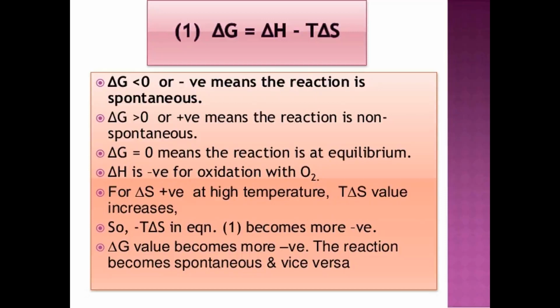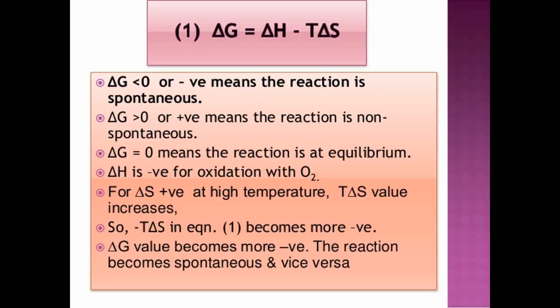So the del G value becomes more negative, and the reaction becomes spontaneous. Do you understand? Minus T del S becomes negative, hence the del G value becomes negative. If it becomes negative, the reaction becomes spontaneous.